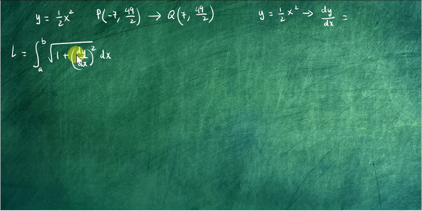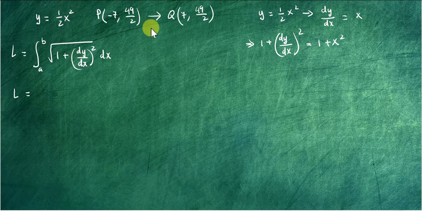So bring down the 2, so you get only x. And now you can find 1 plus (dy/dx) squared, which is 1 plus x squared. A very simple calculation. And then let's go back to over here.